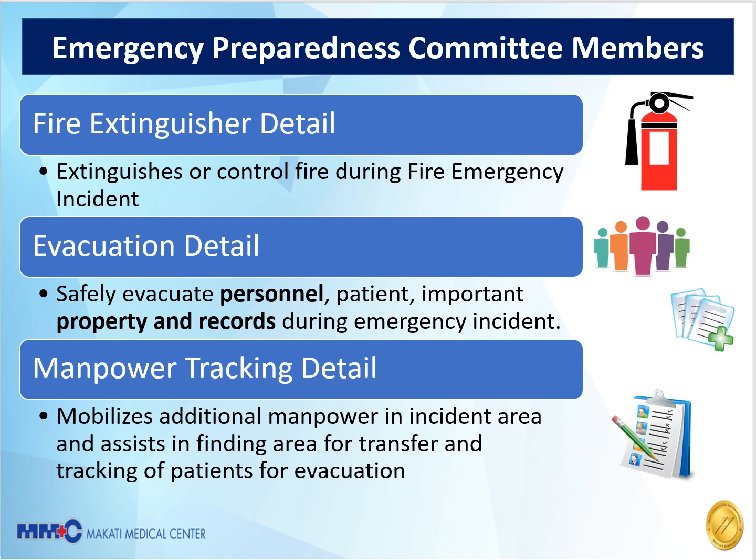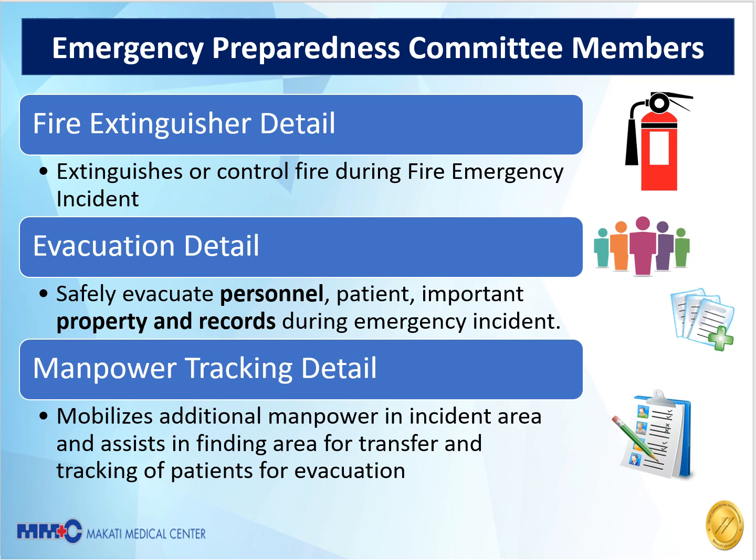The personnel evacuation detail ensures safe and orderly evacuation of patients and other occupants of the building. He or she accounts for evacuated occupants, brings back evacuated patients, personnel and staff after the emergency, and checks and rescues any trapped occupants in the affected area.